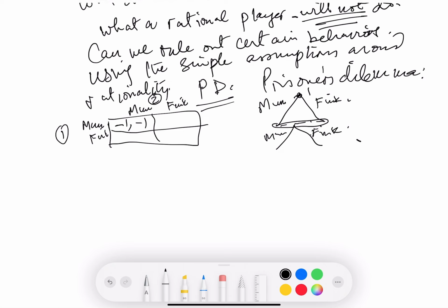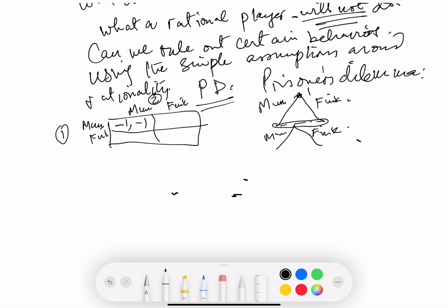If, however, the other person goes fink, so if player two goes fink, so player two rats on you and confesses to the crime. This is what the DA, the prosecuting authority, tells these prisoners, hey, listen, if you tell me the truth as to what you did, I will let you go free. Okay? However, if you don't tell me and the other person tells me, then you are really going to get the hammer, right?